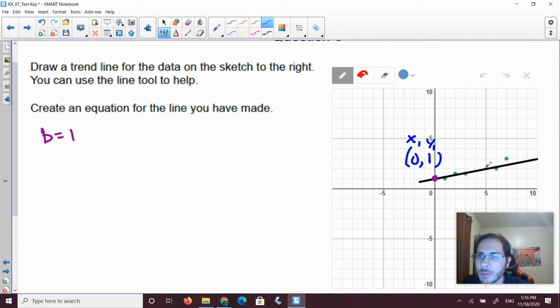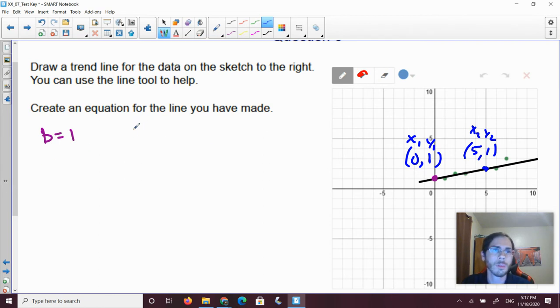It looks like right here I'm on the grid, at 5, 2. I'm going to call that x2 and y2. I didn't pick any of the green dots because they're not really on the grid. I'm going to pick something on the trend line because I want the equation of the line, not the equation of the dots.